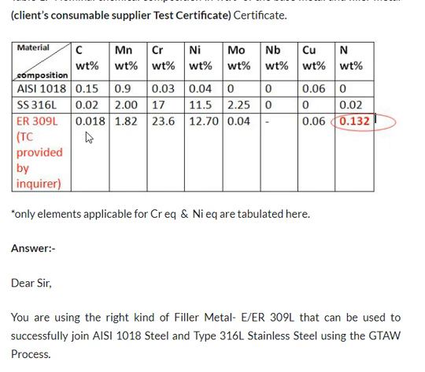You may see here carbon is 0.08 weight percent, manganese 1.82, chromium 23.6, nickel 12.70, molybdenum 0.04, niobium absent, copper 0.06, and nitrogen 0.132 weight percent, which is very much undesirable with respect to the weld metal composition, as we are going to see in our next analysis.